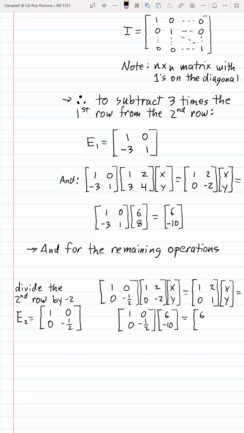The second row is going to be different, of course. So 0 times 6, the first entry in the constant vector isn't going to do anything because I'm just going to get 0 there, plus -1/2 times -10, and that's just going to give me 5.